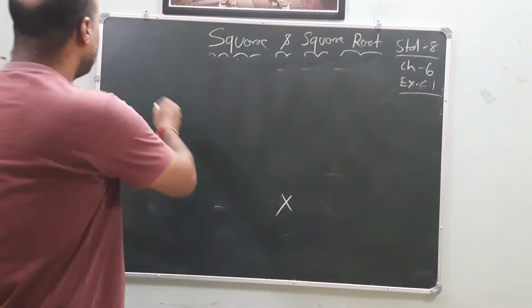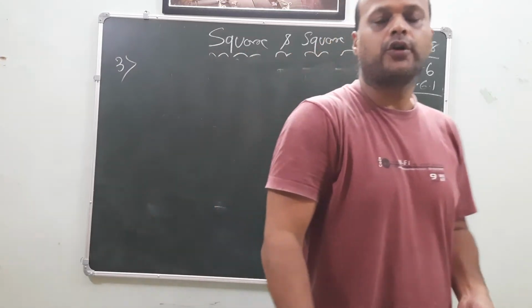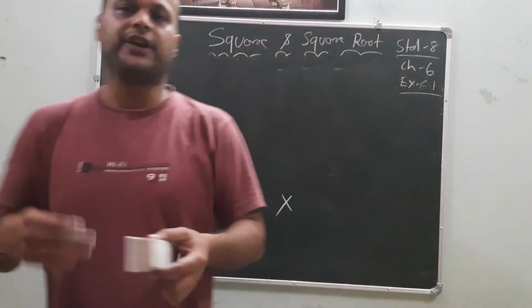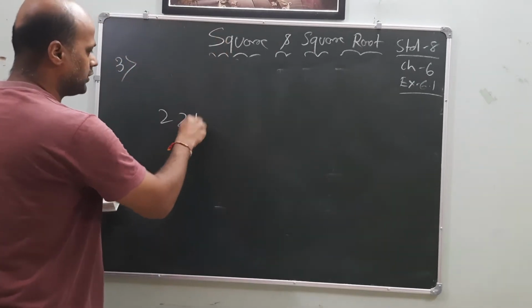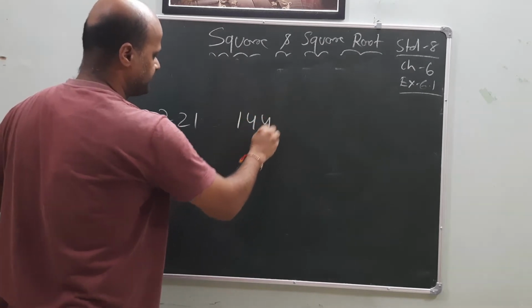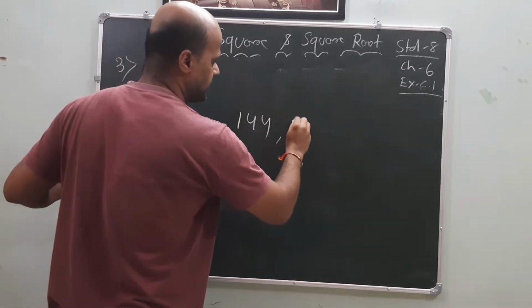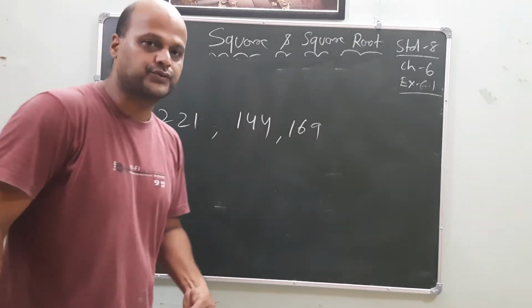The third question is saying: the square of which of the following will be an odd number? Suppose we take 221, 144, 116. These are all perfect squares.